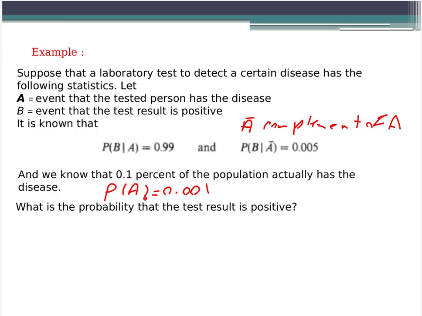So the probability that a person has the disease is equal to this value. So the probability of A bar, the complement of A, the probability that a person doesn't have the disease, is equal to this value. Any question?